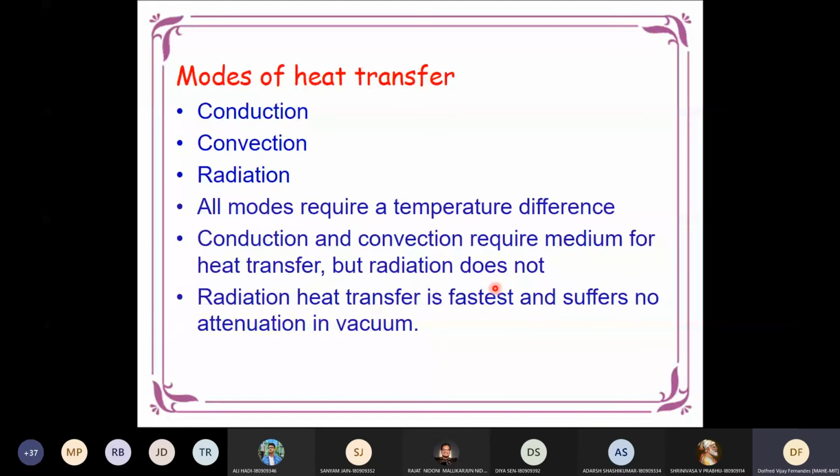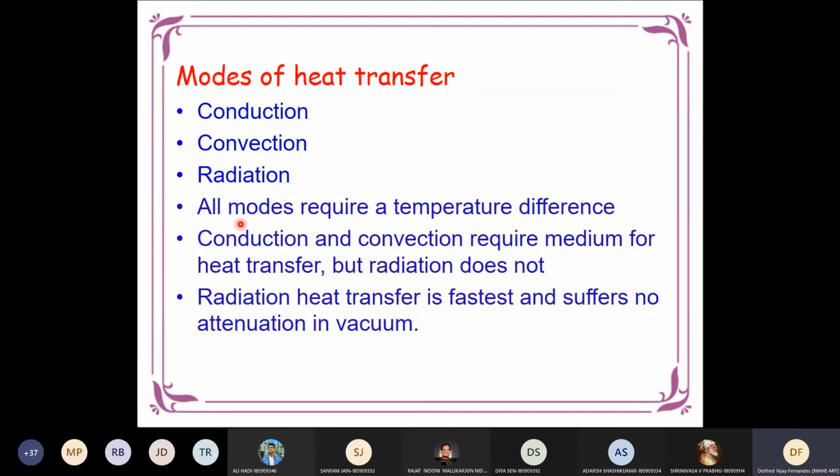Now straight away we will go to heat transfer and discuss these three modes of heat transfer, and then I will stop today. There are three modes: conduction, convection, and radiation. Now you have to understand all these three different mechanisms of heat transfer.